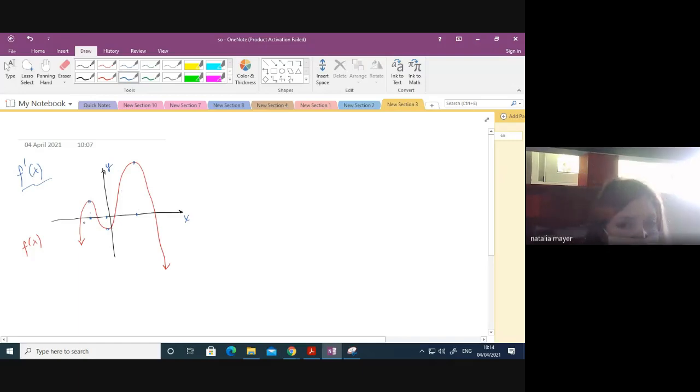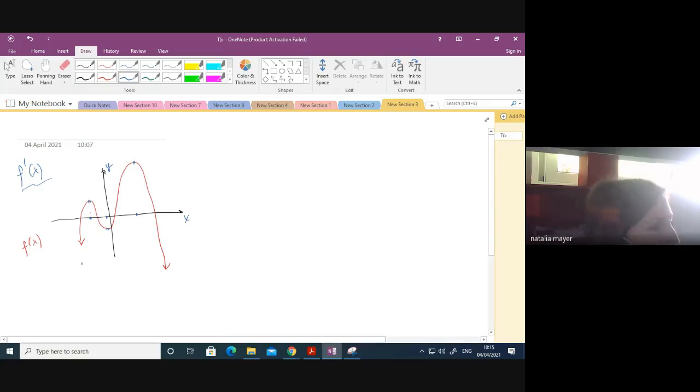Noor, before the first zero, is the derivative going to be below the x-axis or above? Above, because the slope is positive.